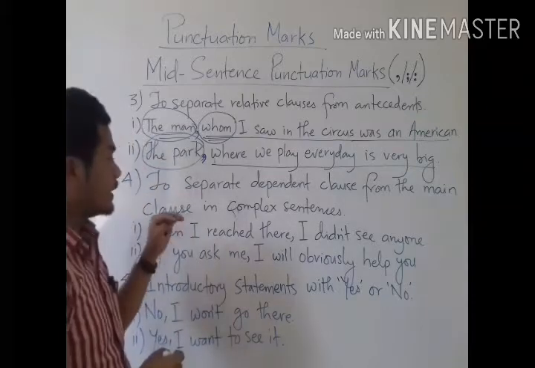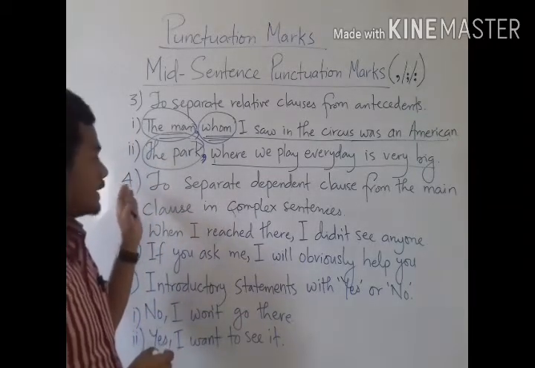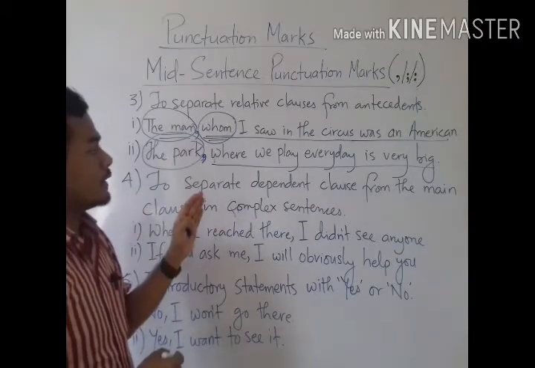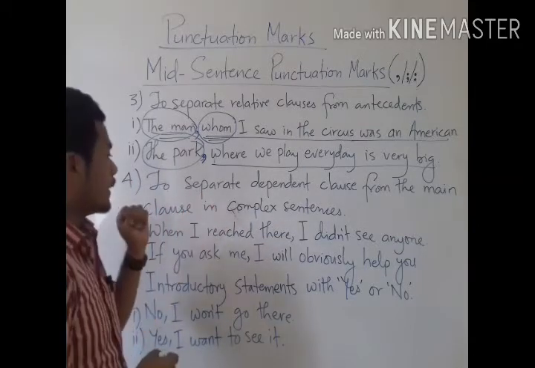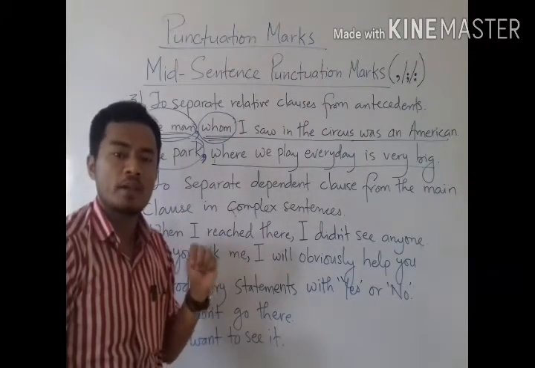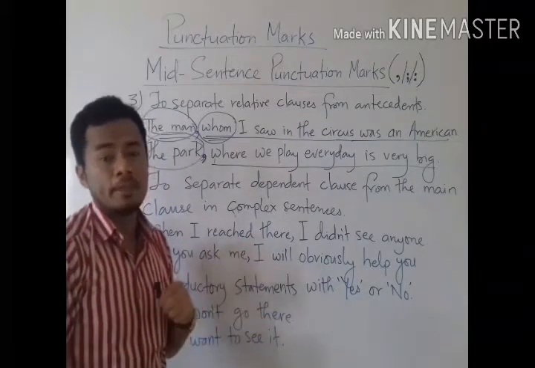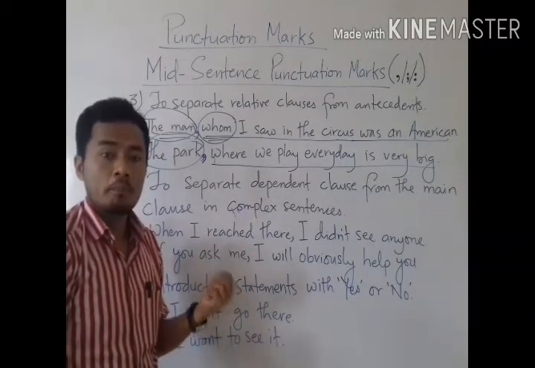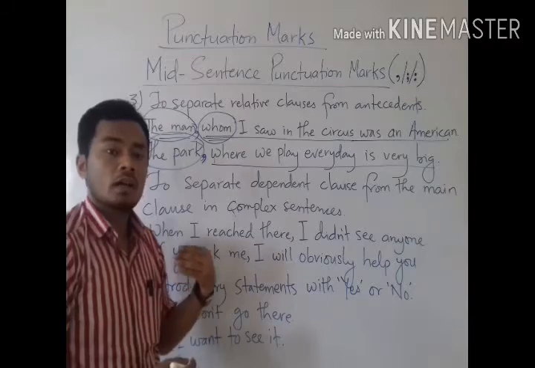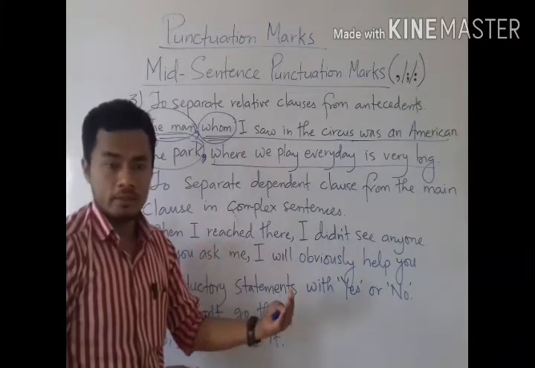Okay. So now another condition, example number 4. Another condition is to separate a dependent clause from the main clause in complex sentences. We know that complex sentences are formed by using a dependent clause and an independent clause together. But we can use the dependent clause in the beginning or at the end.